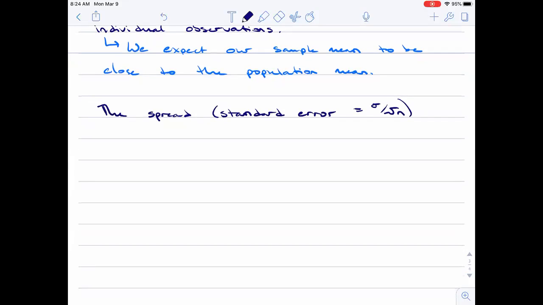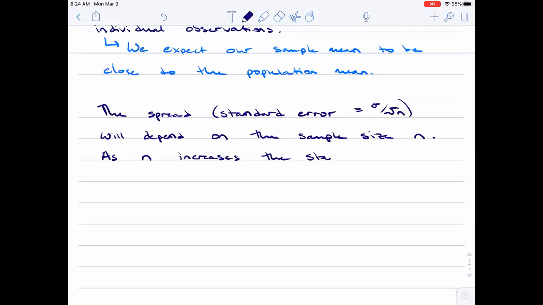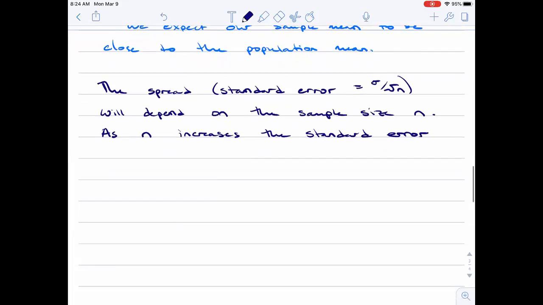So the spread, the standard error, which is sigma over root n, will depend on the sample size n. As n increases, as you take a larger sample size, the standard error decreases.